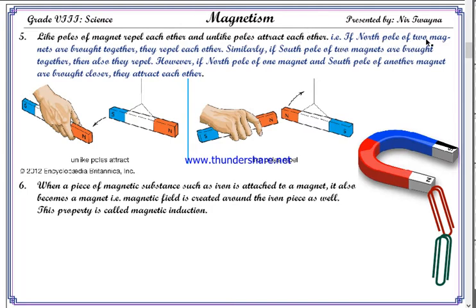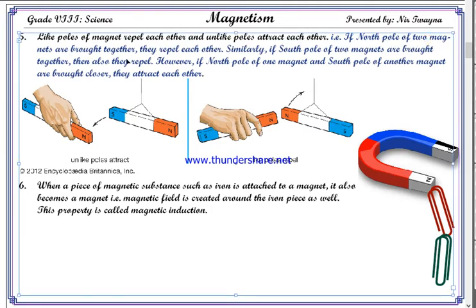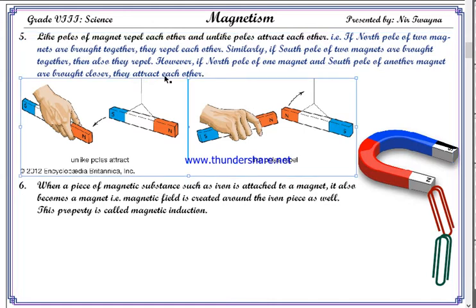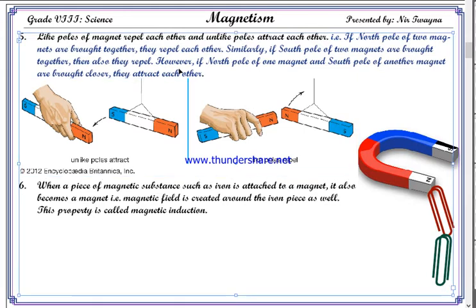If the north poles of two magnets are brought together, they repel each other. Similarly, if the south poles of two magnets are brought together, they also repel. That means north pole to north pole repel, south pole to south pole repel, because they are like poles. However, if the north pole of one magnet and the south pole of another magnet are brought closer, they attract. Any confusion?